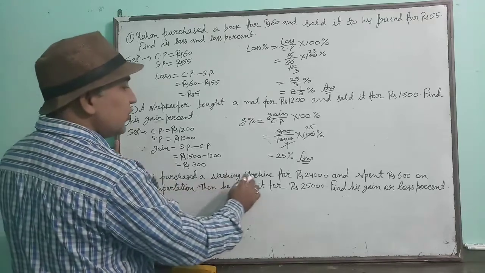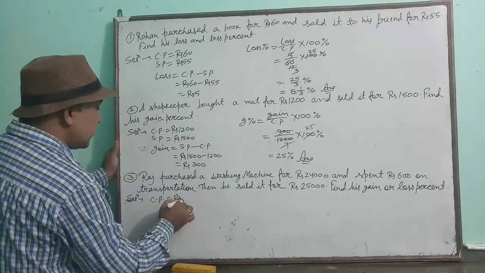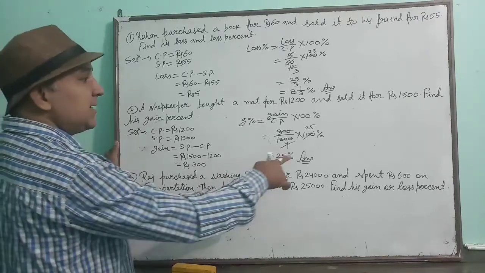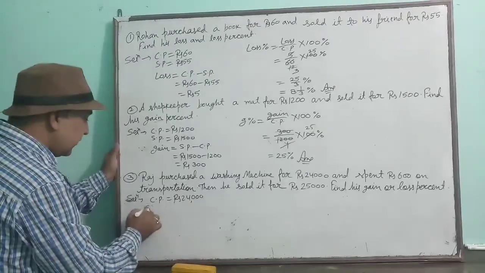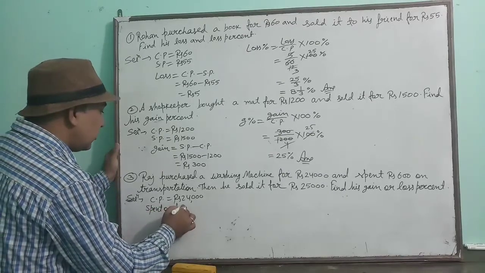Raj purchased a washing machine for 24,000 rupees. That means the cost price is rupees 24,000, and he spent 600 on transportation.